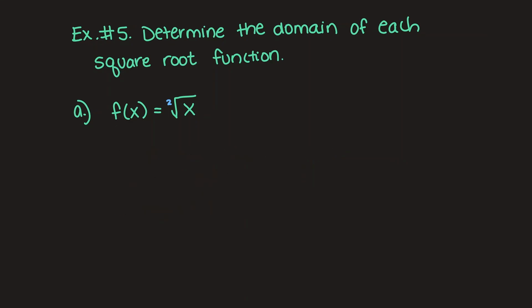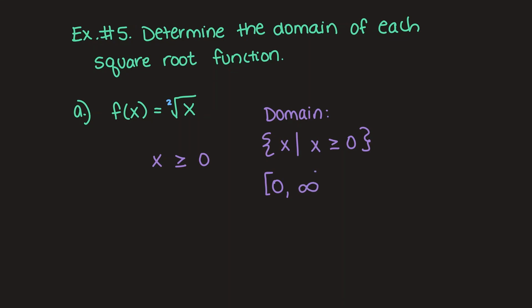So we can express this as an inequality and set the radicand greater than or equal to 0. And our domain will just be the set of all values of x such that x is greater than or equal to 0. And written in interval notation, this will be from 0, including 0, so we use a bracket, up to positive infinity.